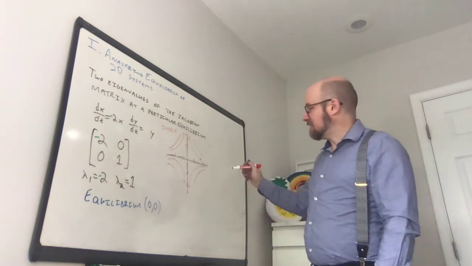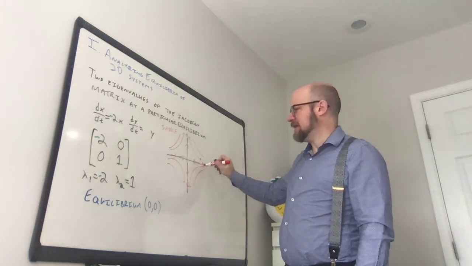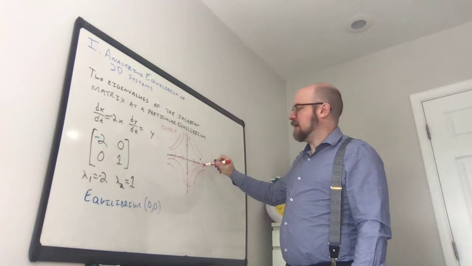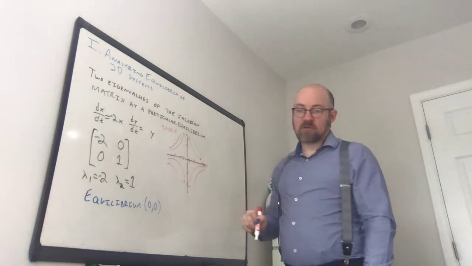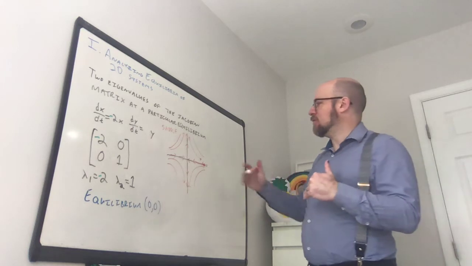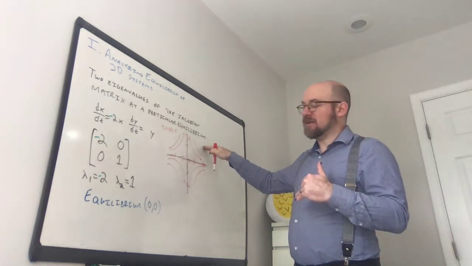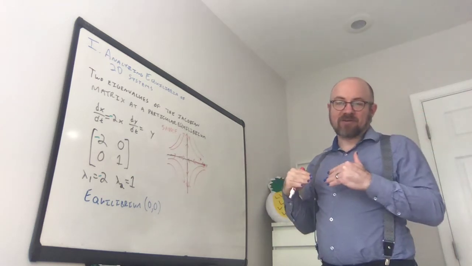So one interesting thing about a saddle is that if you start here on the y nullcline, you will decay down to 0, 0. Okay? So there is a path. If your y variable is 0 and your x variable is a number, then you will decay down to 0, 0.